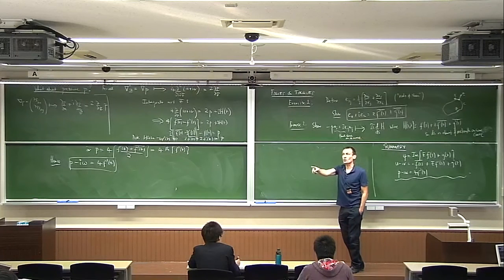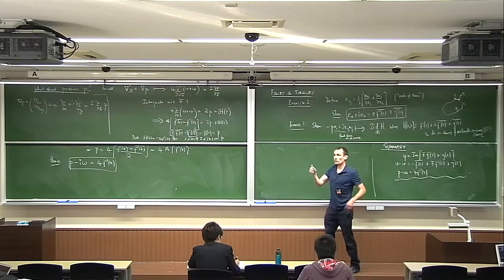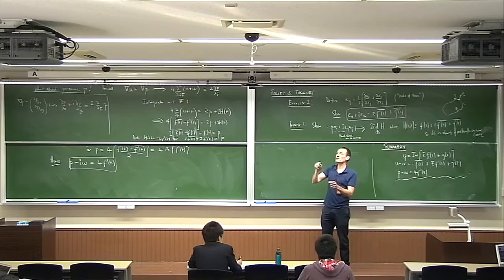And in particular, look, you can now work out, suppose it's the boundary of an object, then you can work out the total force on the object. That's what we're going to do in exercise 3.